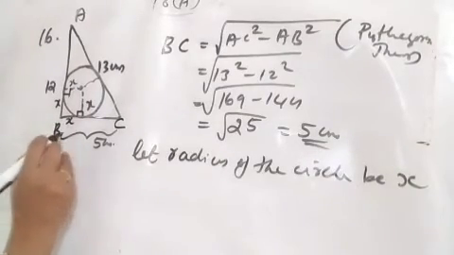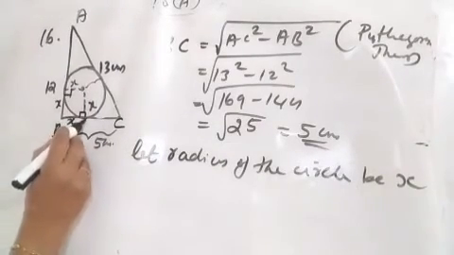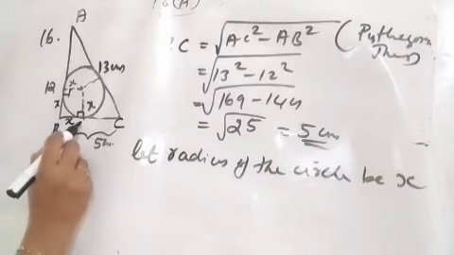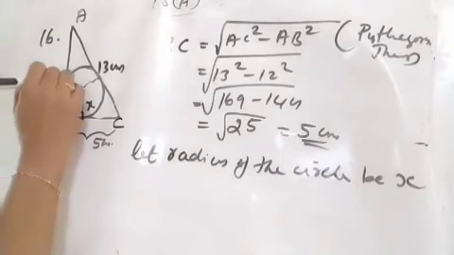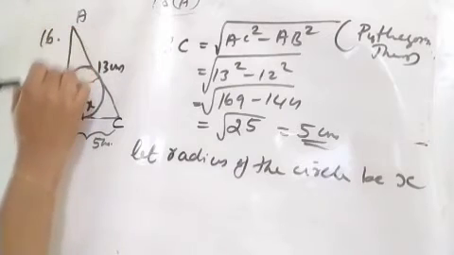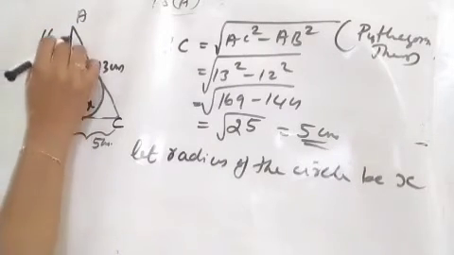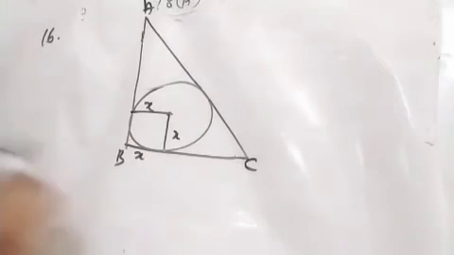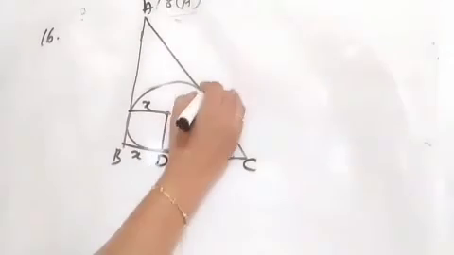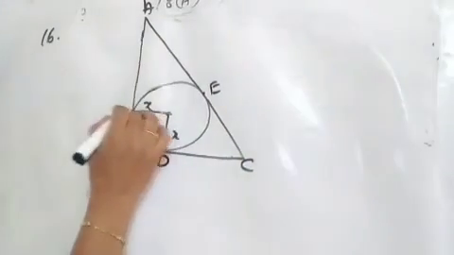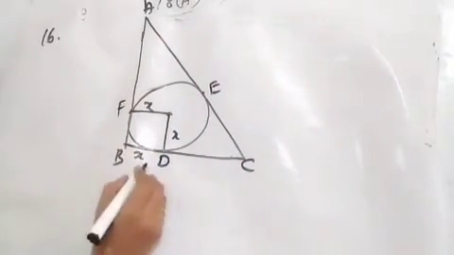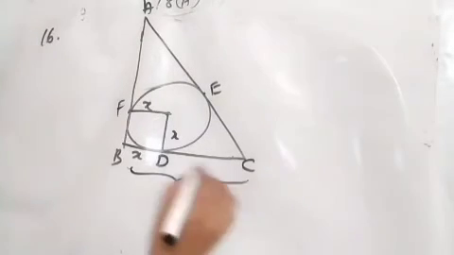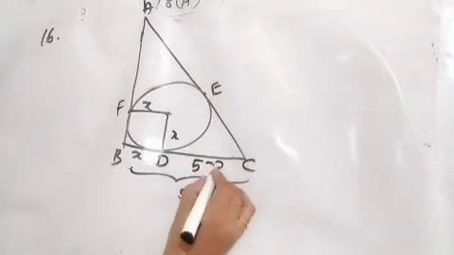So how can we write this length in terms of x? This total is 12. Let us mark this D and this E and F. So this total length BC is 5 centimeters. So what about the length of CD? It's 5 minus x.